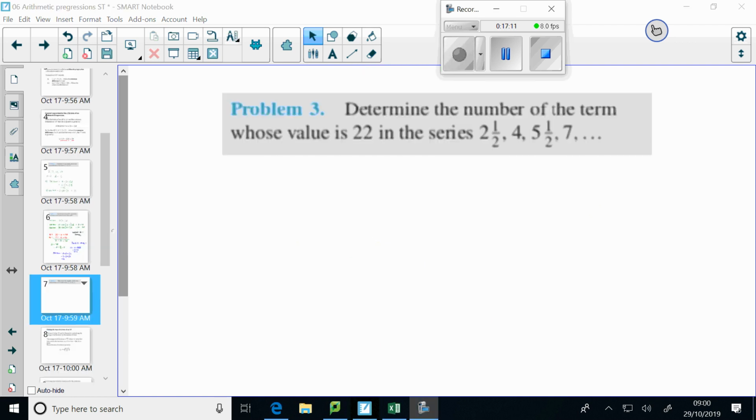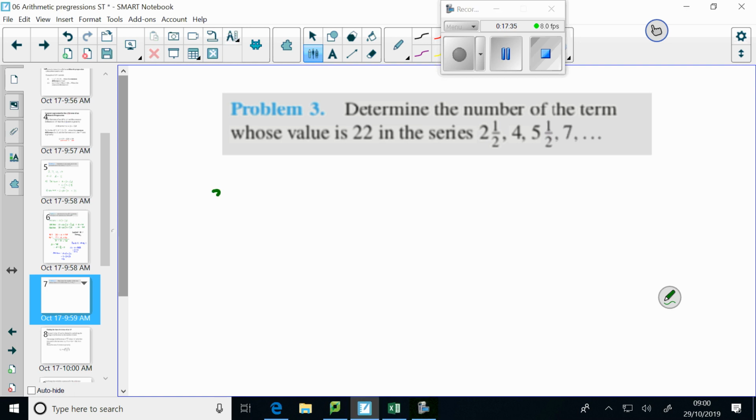Determine the number of the term whose value is 22 in the series 2.5, 4, 5.5, 7. So what do we know from that question?